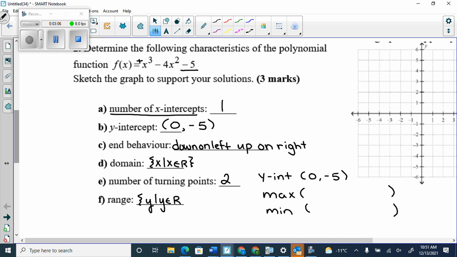This is your minimum, I believe. So for the minimum, I get approximately (2.67, -14.48). Did you get that for the minimum?